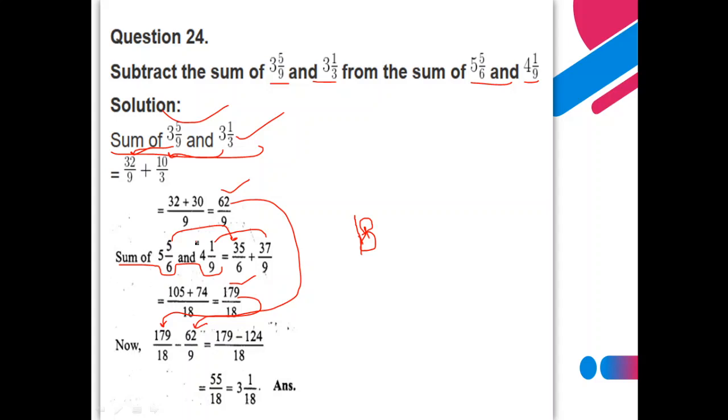Now after subtraction we are getting 55 upon 18, and then it was converted into a mixed fraction, 3 1 upon 18. So let's move to the next question.